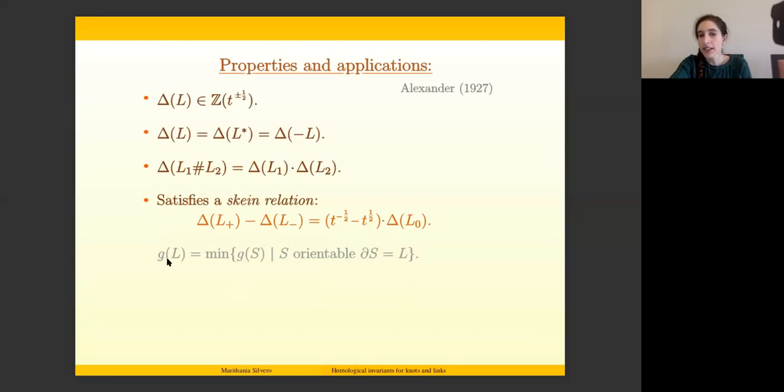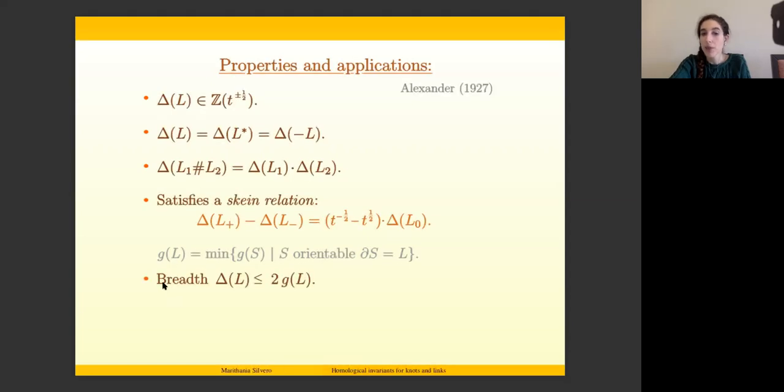If we define this invariant, the genus of a link is the minimal genus taken among all orientable surfaces whose boundary is the link, okay? There is a theorem that we will say later, Seifert's theorem, telling us that every link can be seen as the boundary of an orientable surface. So take all orientable surfaces spanning the link, take the minimal genus, and this is going to be the genus of the link, okay?